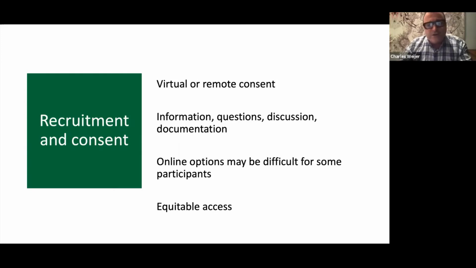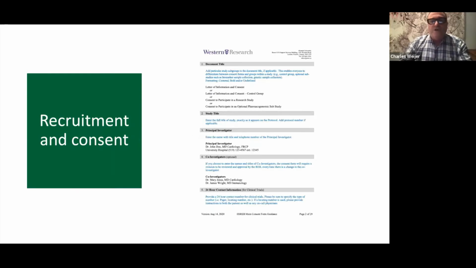So let's talk about each of the steps now that are involved in the virtual consent process. So this is the first page of the letter of information template for my home institution. You'll note if you look at the bottom there are 29 pages to this document.